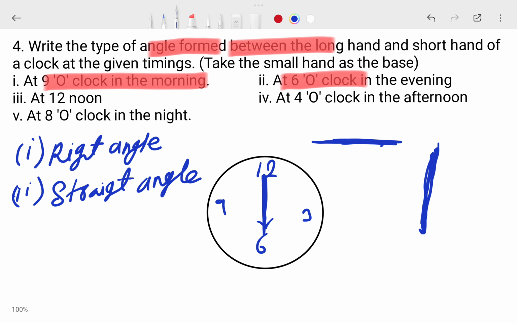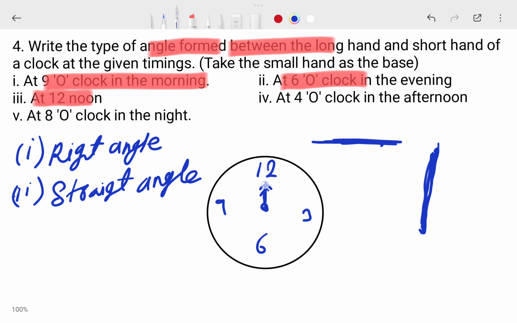Okay, is it clear? So actually we have to put these things on the clock, and after that we have to see what it is. Now this is 12, write 12 in this one. It is telling that at 12 in the noon, all the hands are at the same point. So it is 0.